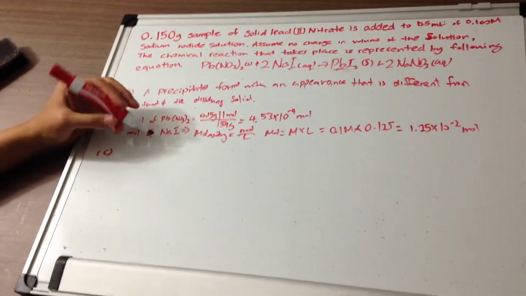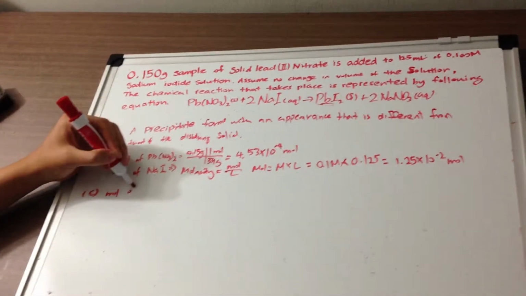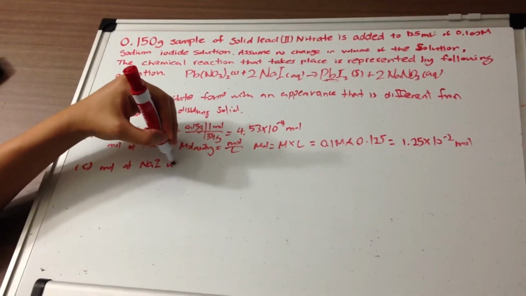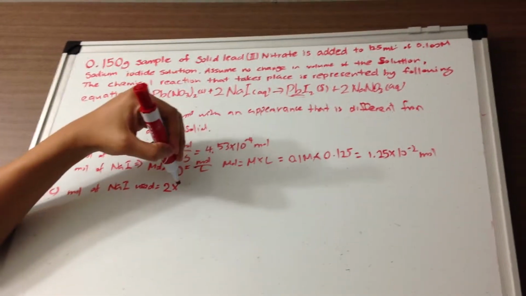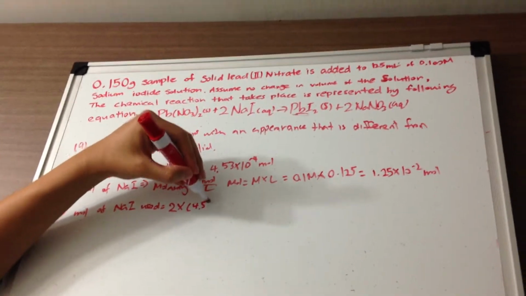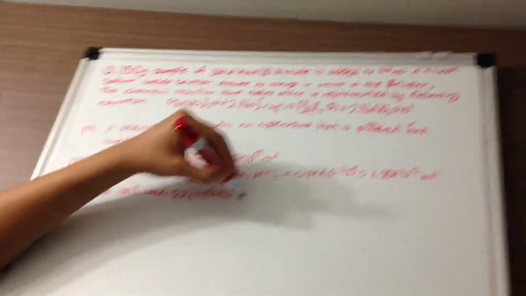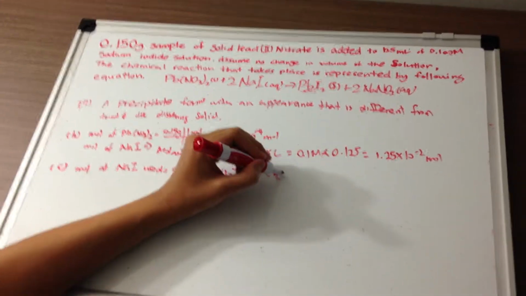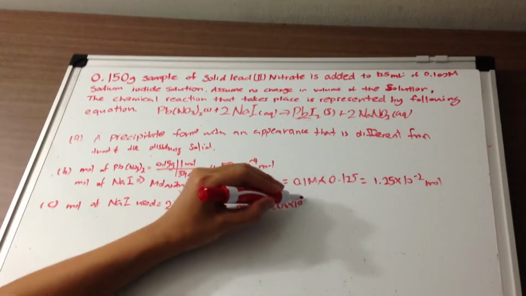So you can assume that the moles of NaI used is 2 times 4.53 times 10 to the negative 4 mole, which results in 9.06 times 10 to the negative 4 mole.